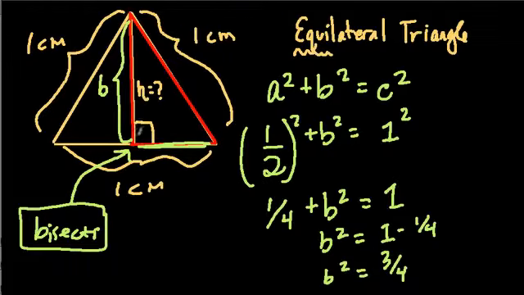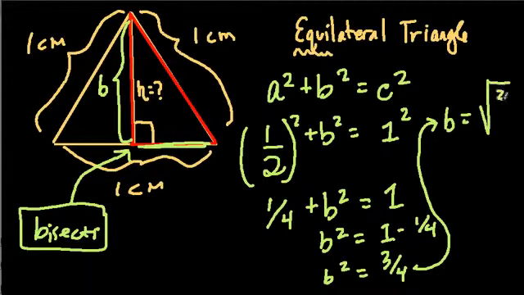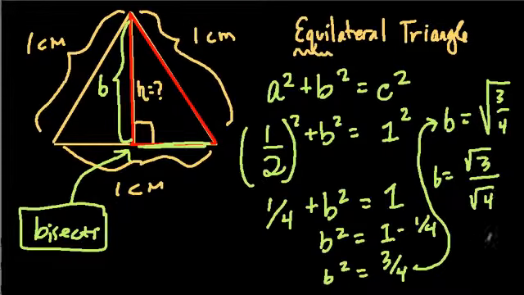But our goal is to find this height, this length. How do we do that? Well, we find the square root of b squared, which is b equals the square root of 3/4. When you have a fraction like this, you can break it apart and think about it as the square root of 3 over the square root of 4. Now this is a little bit easier to deal with.